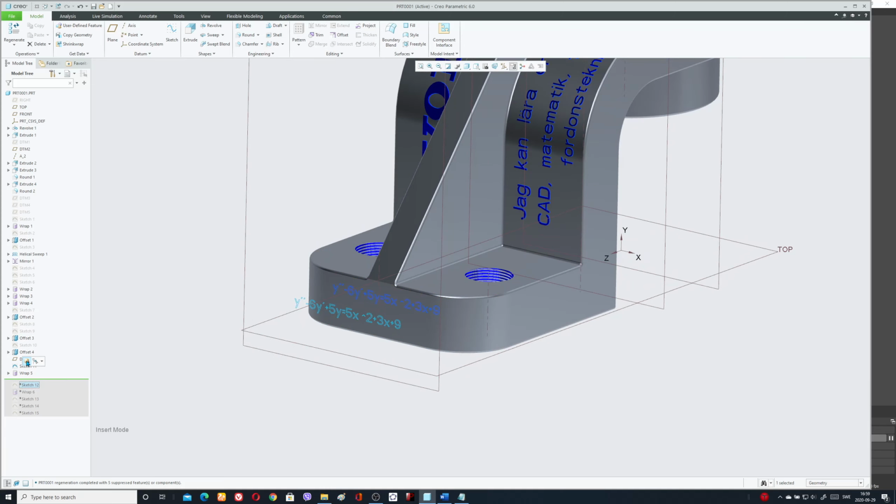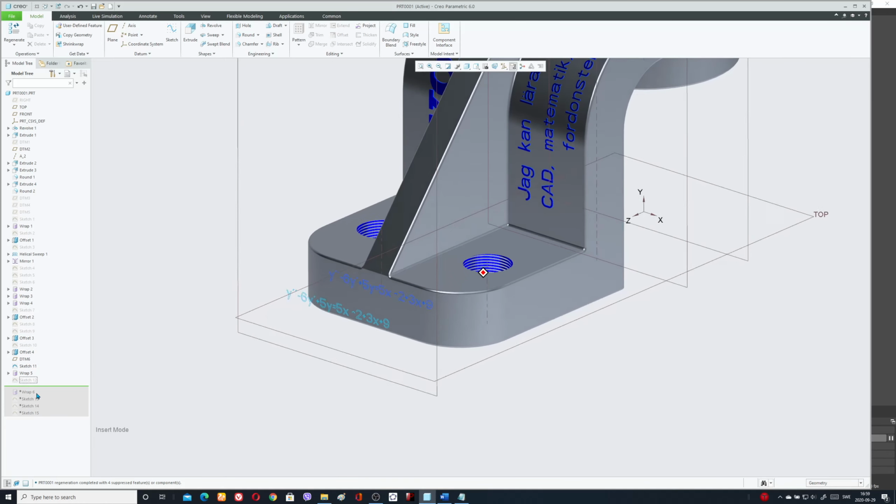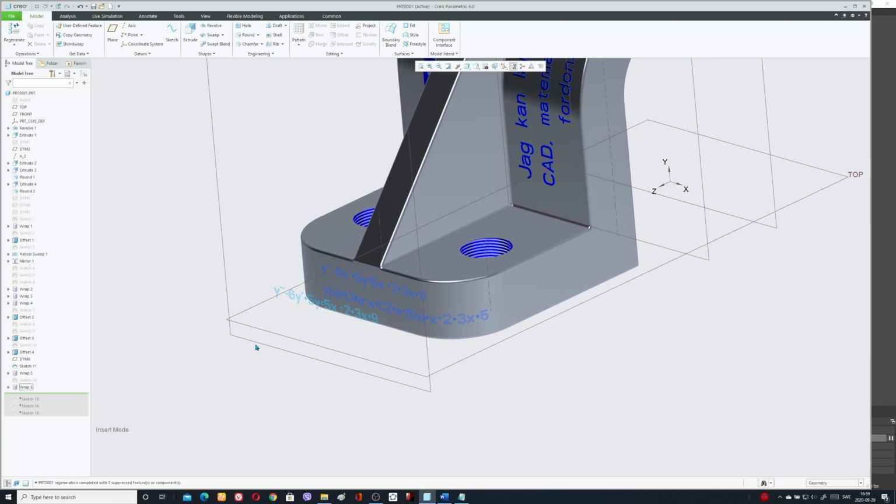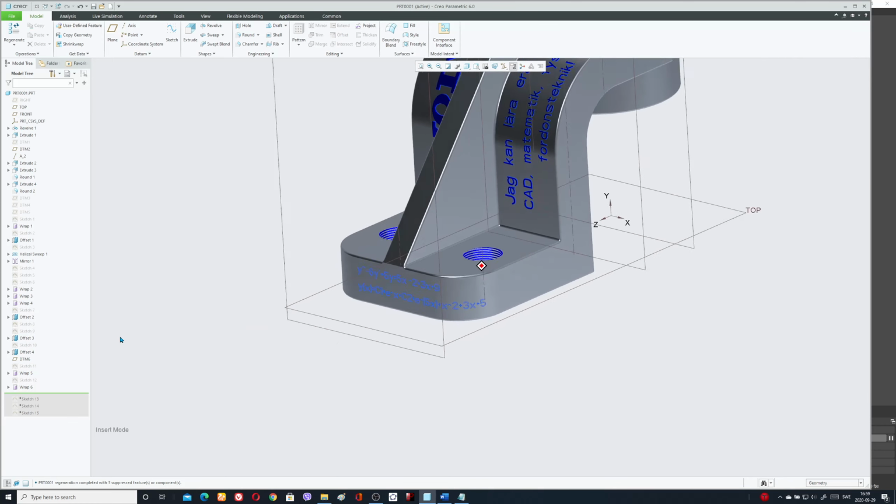And now coming, there will come the solution. And here is the solution of this equation. So that's it.